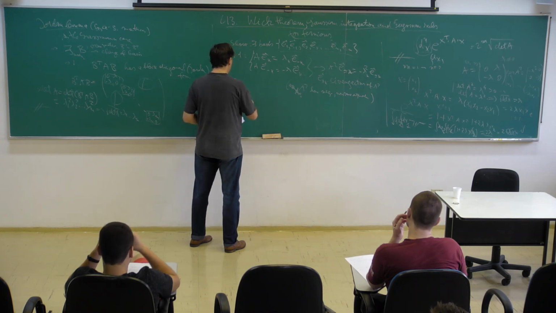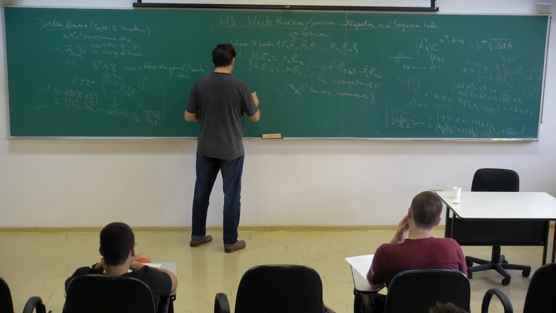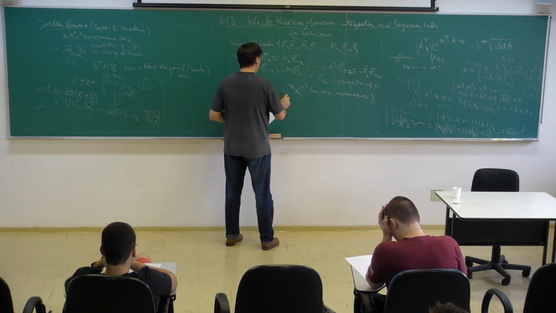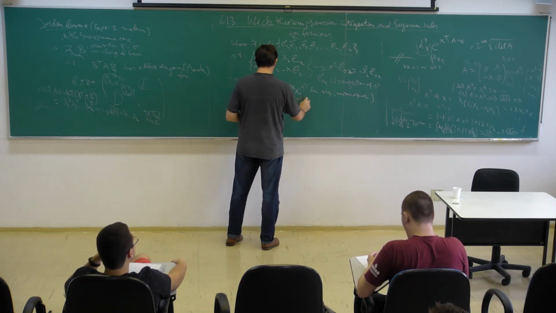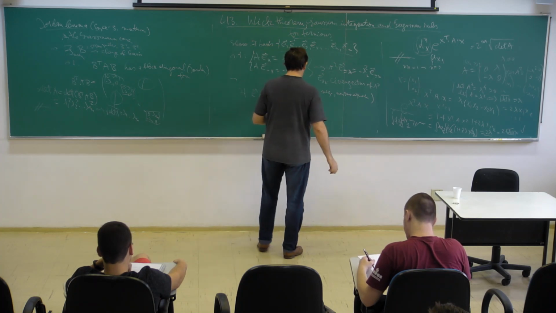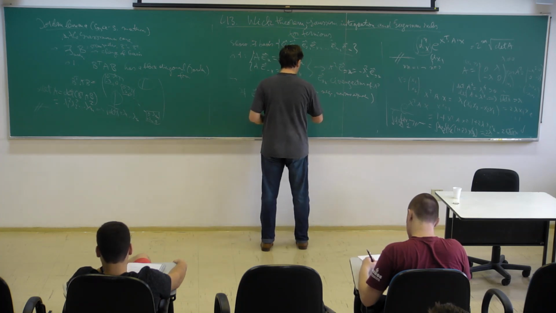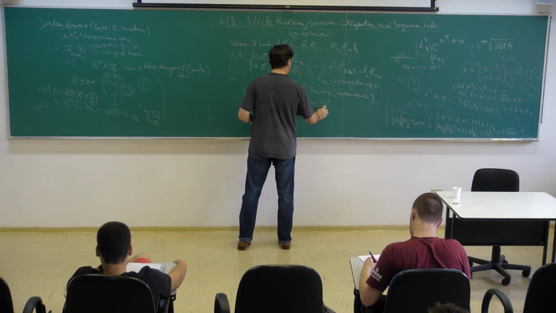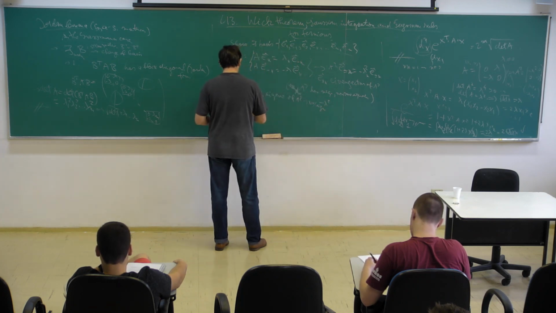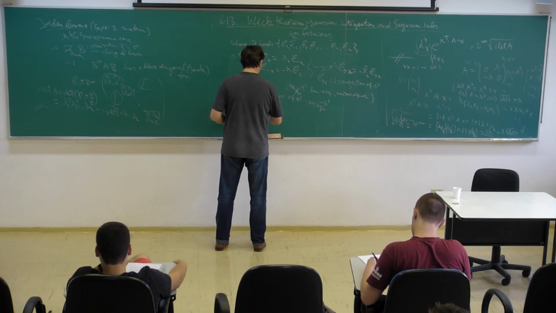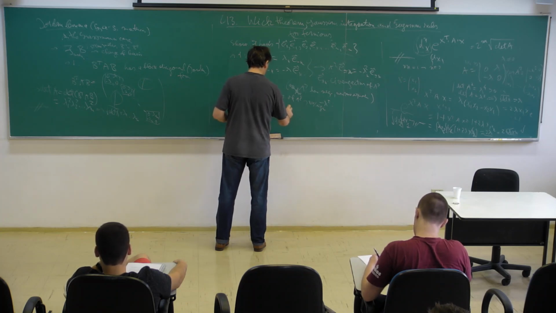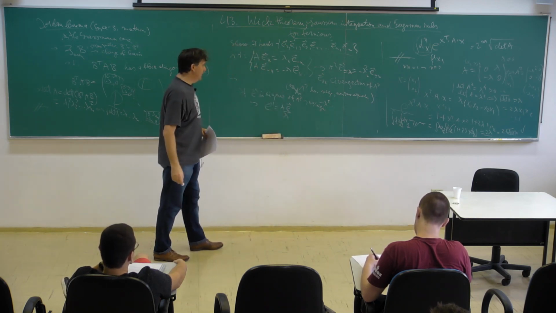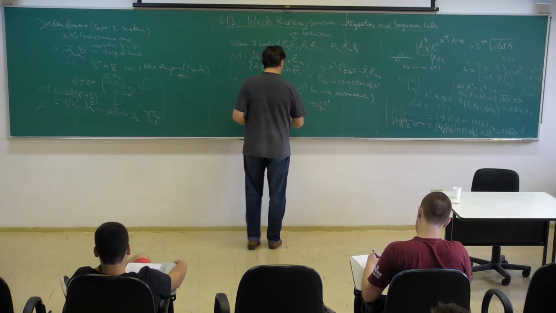So if, let's say, E is an eigenvector of A squared with eigenvalue minus lambda squared, then let's define E prime, which is A dot E over lambda.